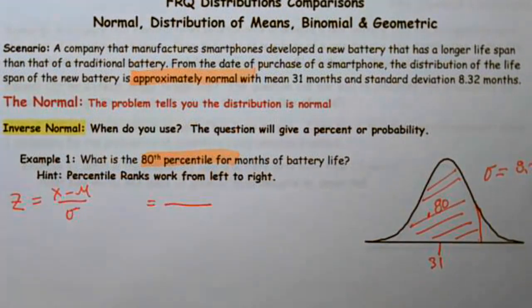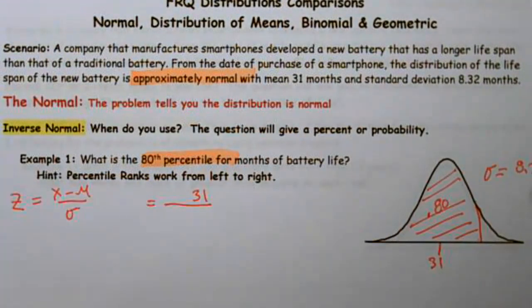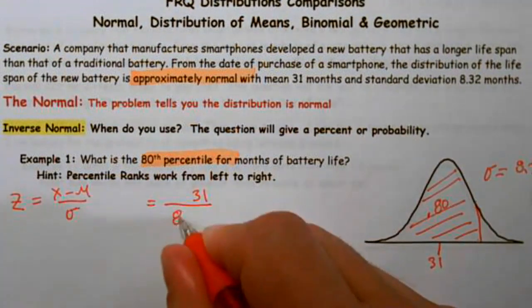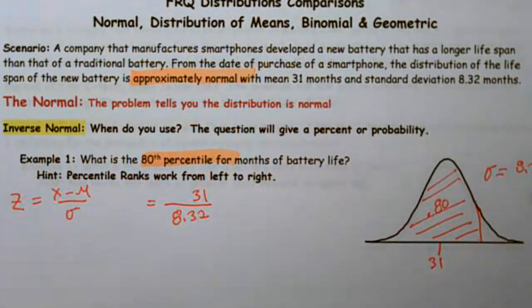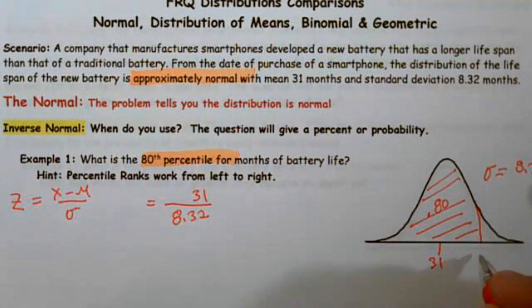My mean is 31, and my standard deviation is 8.32. What I don't know in this case is the X, and that's what they're asking for. What is the 80th percentile? They're actually looking for where that line is drawn.